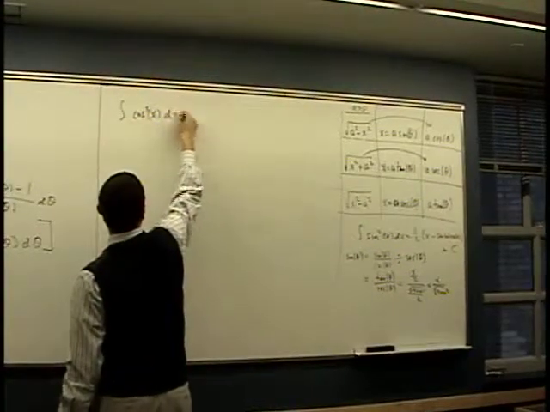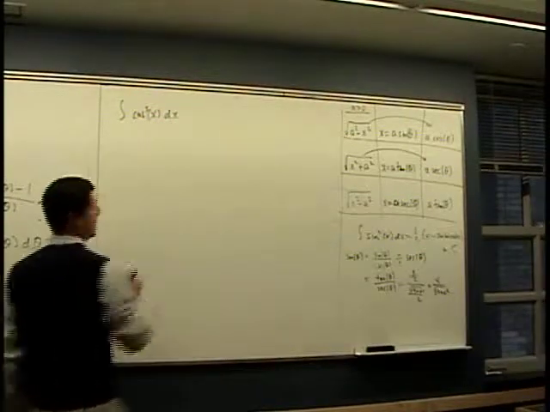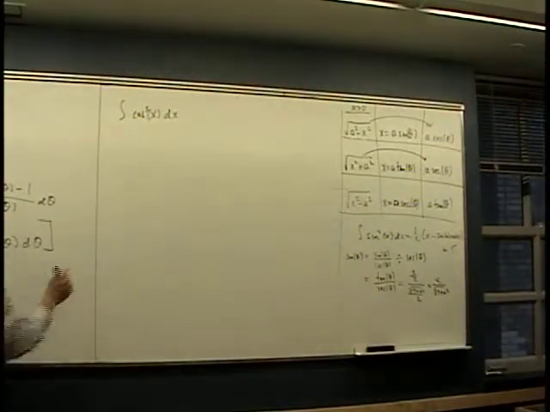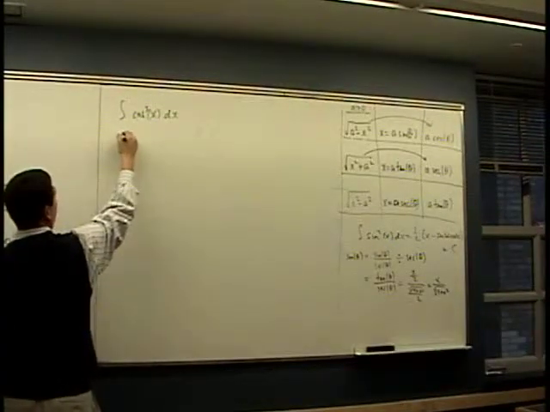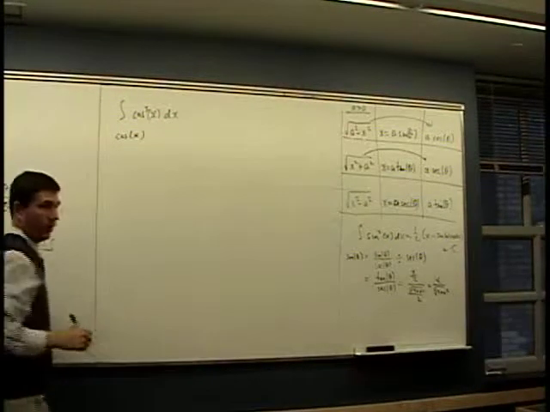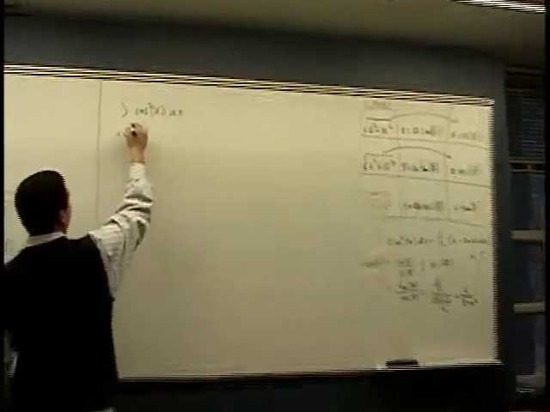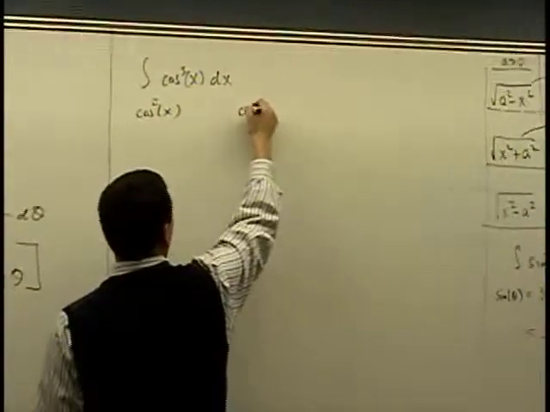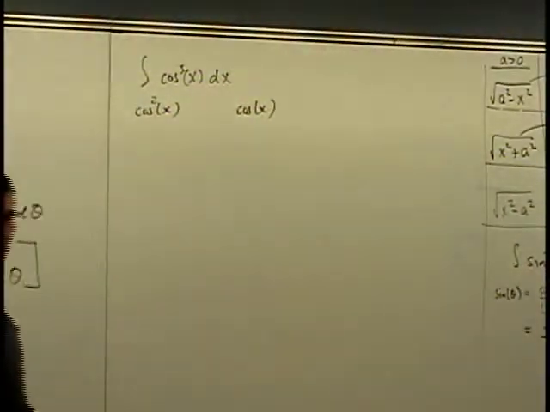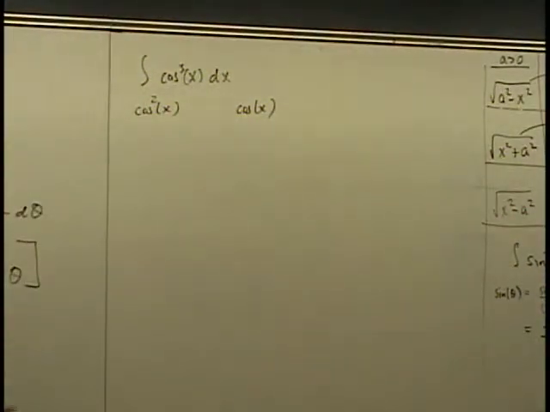So let's say we put our cosine squared over here. That we don't mind differentiating. And our cosine over here. That we don't mind integrating.